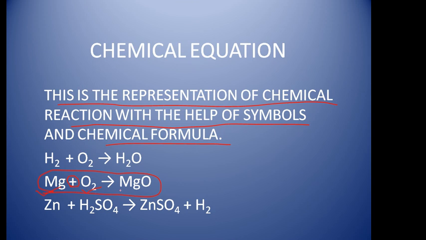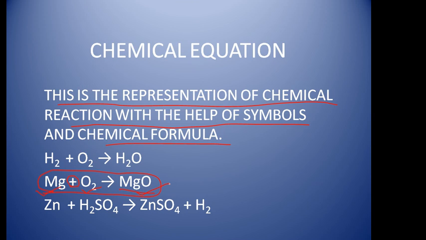And on the right hand side of this arrow, if you write MgO, this is again the chemical formula of magnesium oxide. So you can understand that these two react and they form magnesium oxide. So your information of this particular chemical reaction is complete now and you can write this in short.